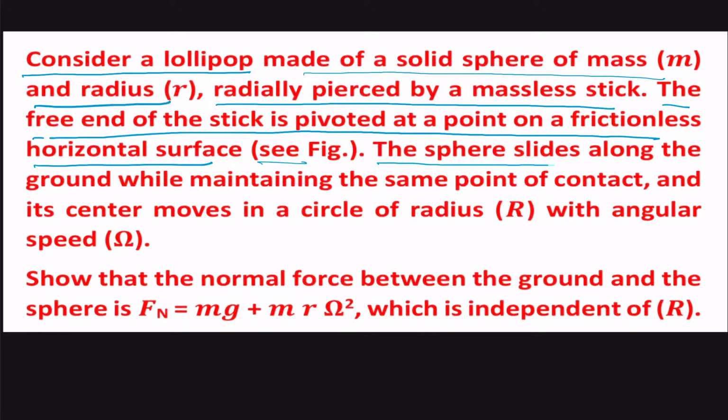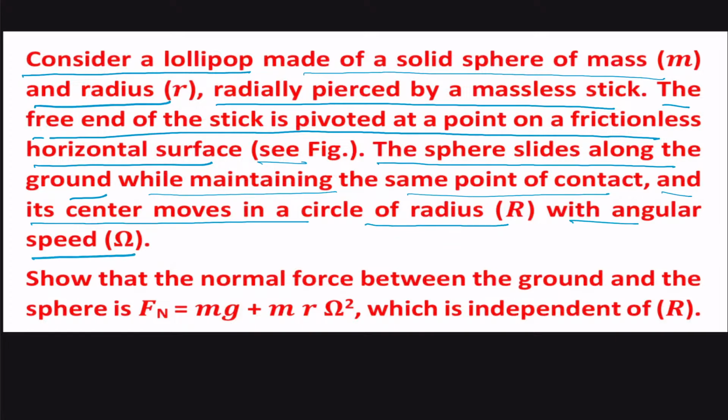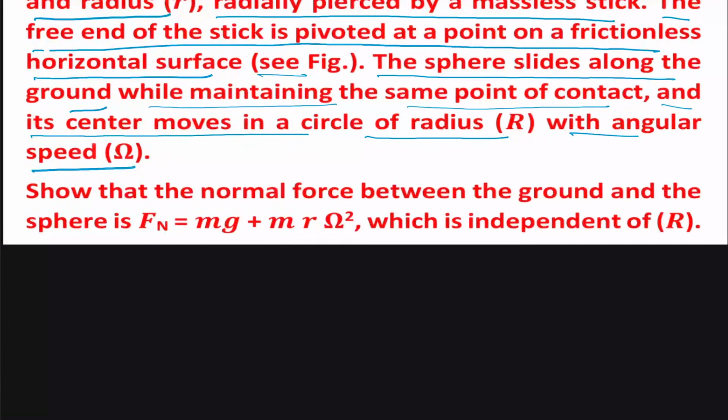The sphere slides along the ground while maintaining the same point of contact, and its center moves in a circle of radius R with the angular speed of capital omega. Show that the normal force between the ground and the sphere, that is our F of n, is equal to mg plus mr omega square, which is independent of r. So this is the basic question given to us.